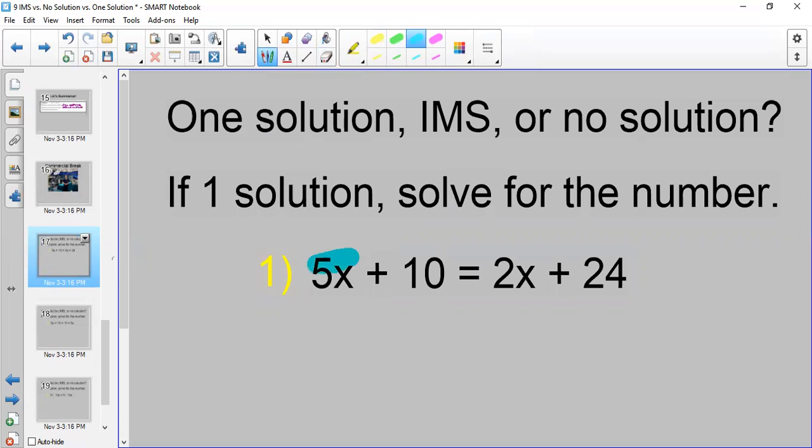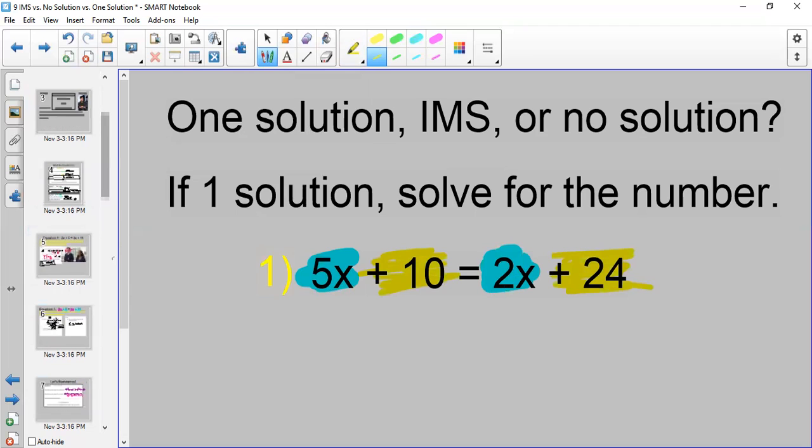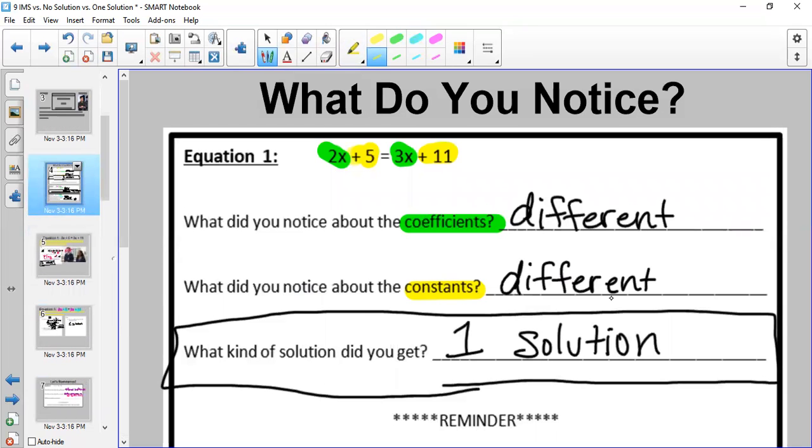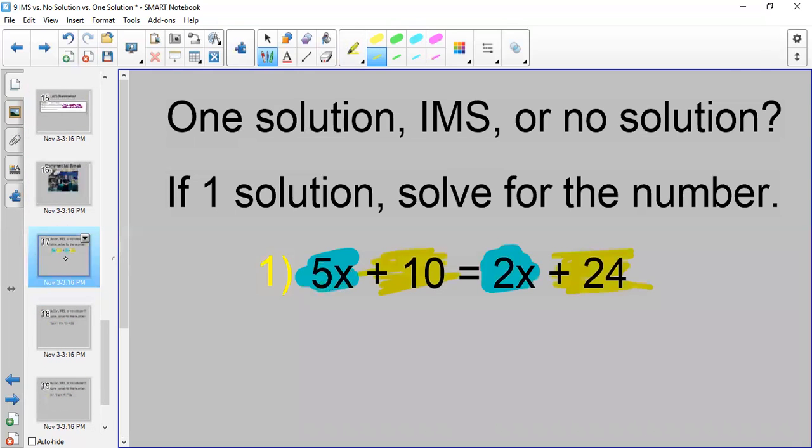All right, so if I highlight just to help me see, I see that I have everything's different. Okay, and if I go to my list that I started with at the very beginning, when everything was different, I knew that there was one solution. All right, so I have one solution.